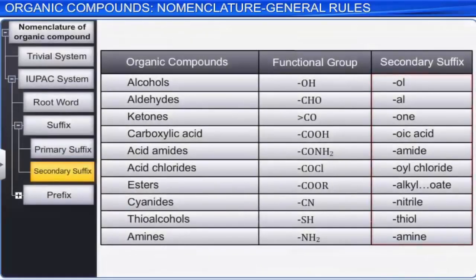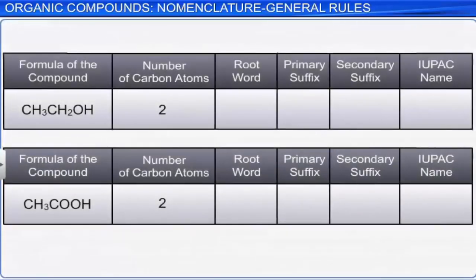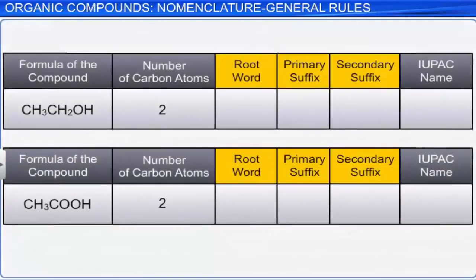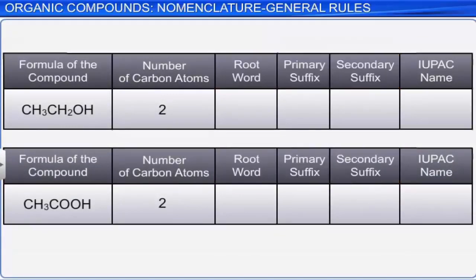A secondary suffix indicates the nature of the functional group present in a compound. Thus, the 3 components can be combined to form the compound name. For example, the root word eth, primary suffix ane, and secondary suffix ol all together form the IUPAC name ethanol.